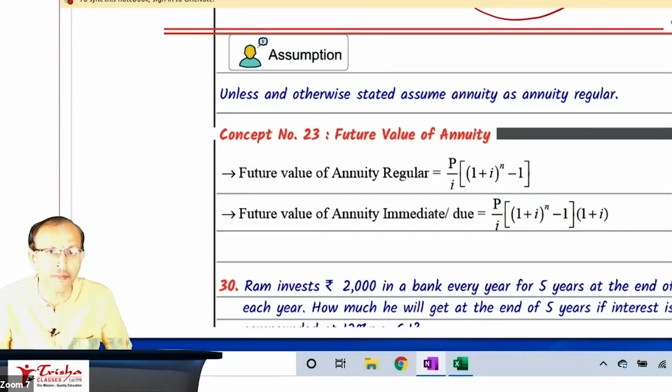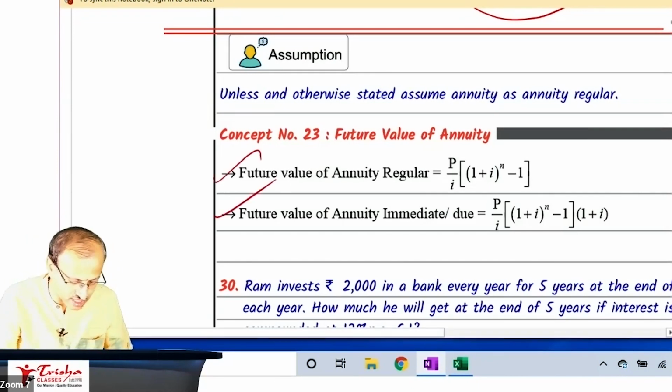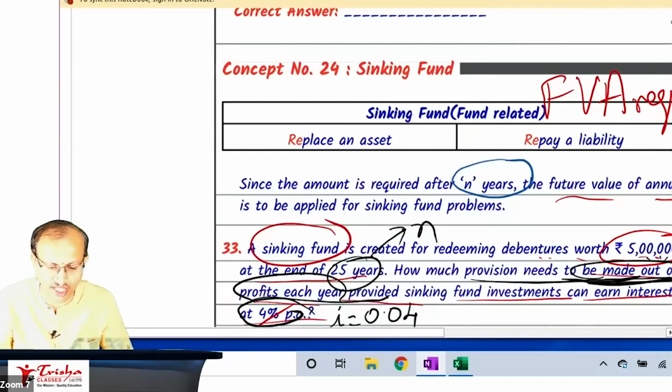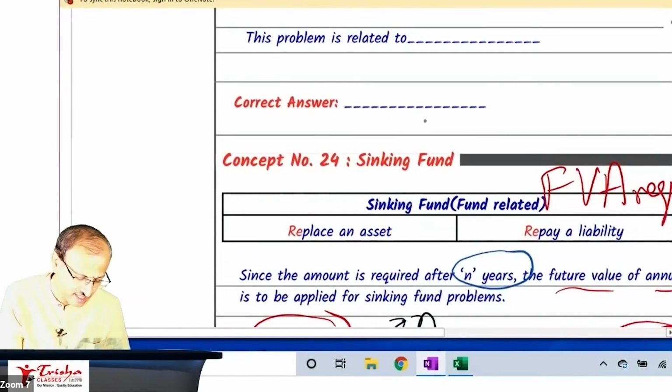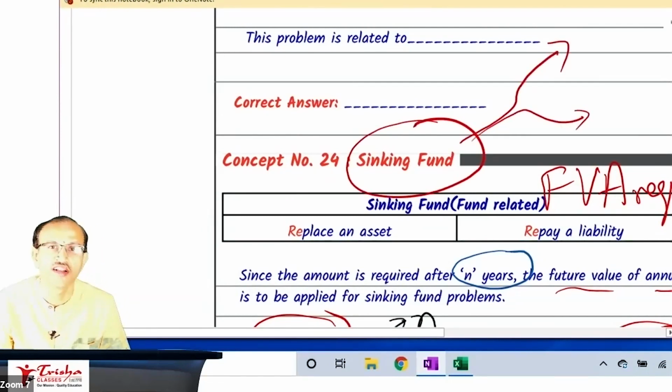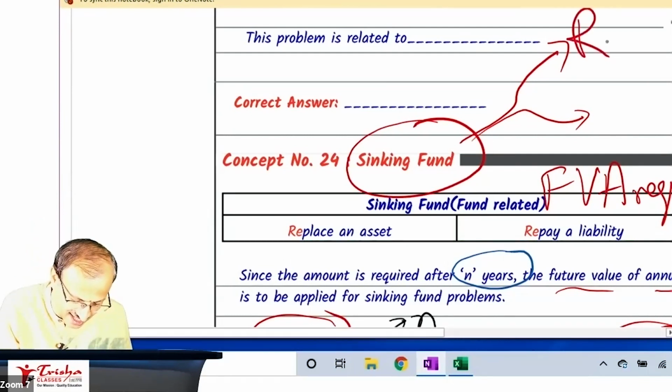All right, coming back, we discussed problems on future value. After that, we entered into the sinking fund concept. Sinking fund, I told you to remember. You will never forget, no? What wife tells to husband. What are the two letters? Re.